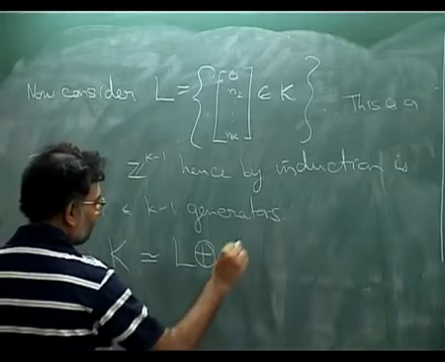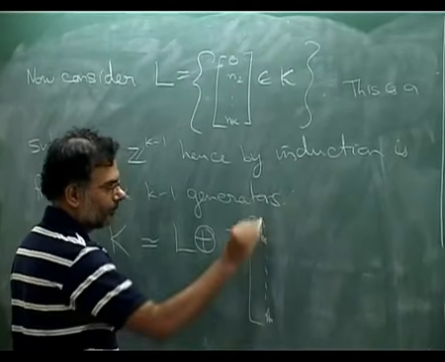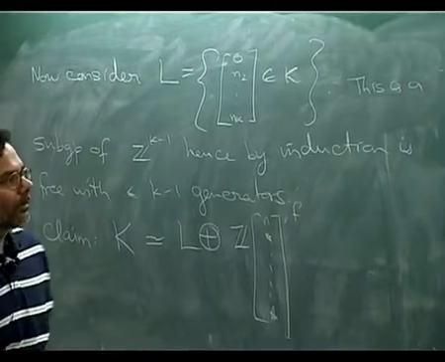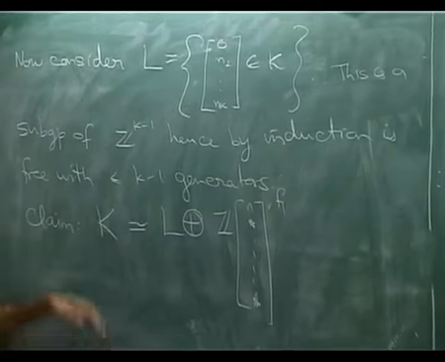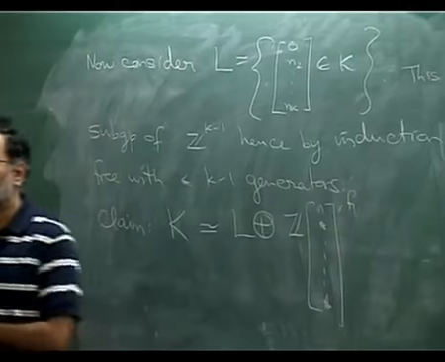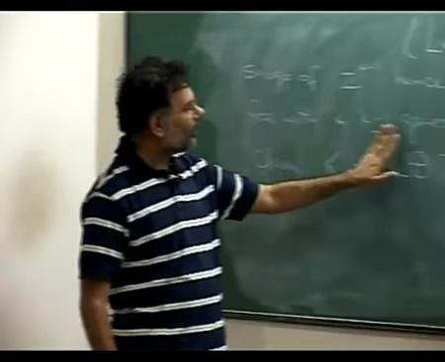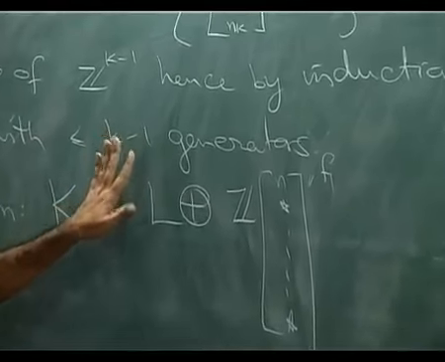which is F1, that's what I called F1. So I claim that K is isomorphic to L direct sum the group generated by F1. Then I am finished, because L is actually Z to the power something, that something is less than or equal to K minus 1.